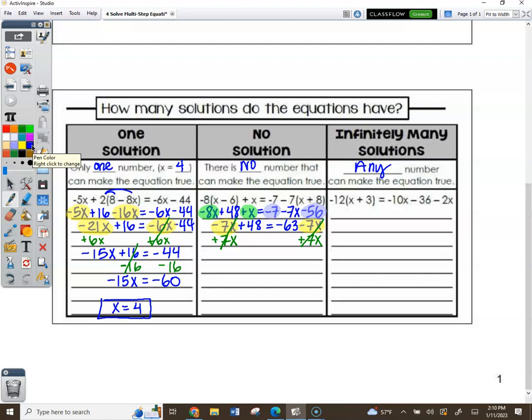Write what's left. You get 48 equals negative 63. That is a statement. So you ask yourself, does 48 equal negative 63? And the answer is no, that's false, which means there is no solution.